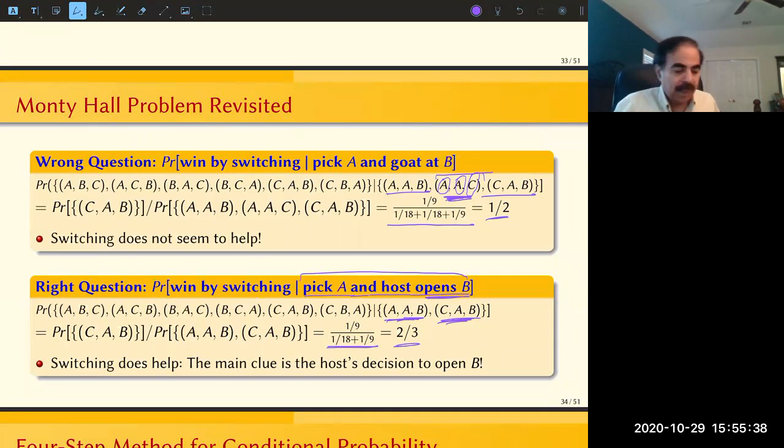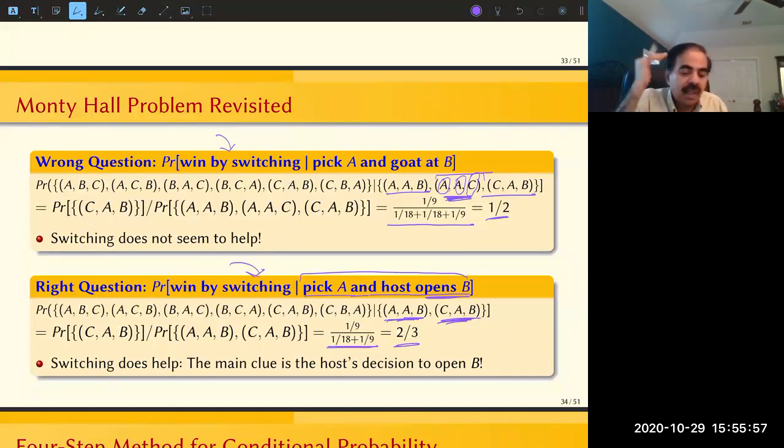So this explains why there is this confusion, because when we think intuitively, we are not sure whether we are thinking about this question or this question, right?